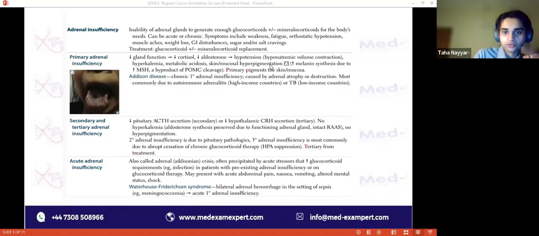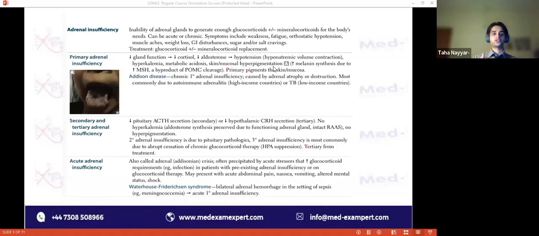Now, because there is decreased production of cortisol, we get this hyperpigmentation. Normally, whenever there's stress, our body tries to create cortisol. How does it create cortisol? It activates the hypothalamus-pituitary axis. We release corticotropin releasing hormone, CRH, and CRH causes the release of ACTH.